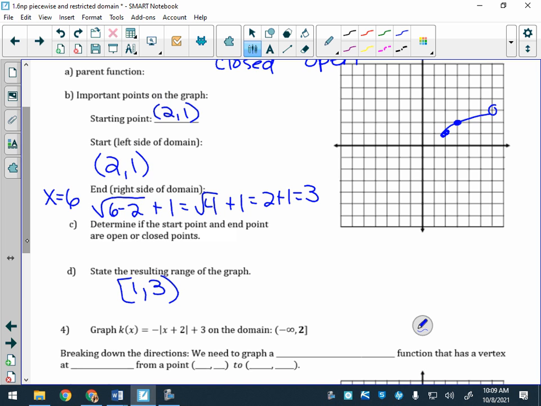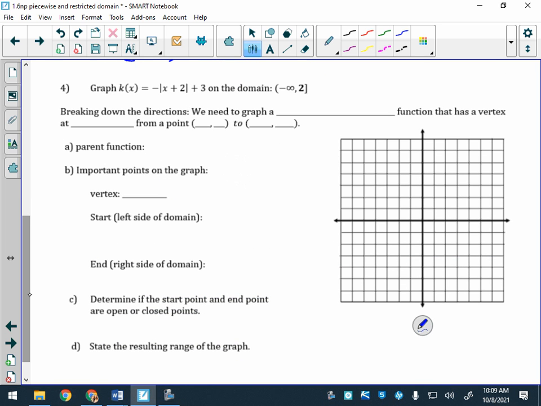All right. So this type of function, as we know, is absolute value. Okay. What is my vertex of this absolute value? Yeah, Kate. Perfect. Good. Negative 2, 3 is my vertex.